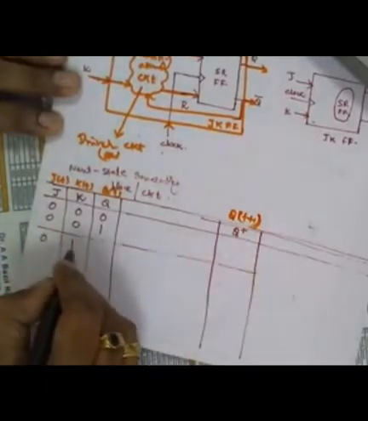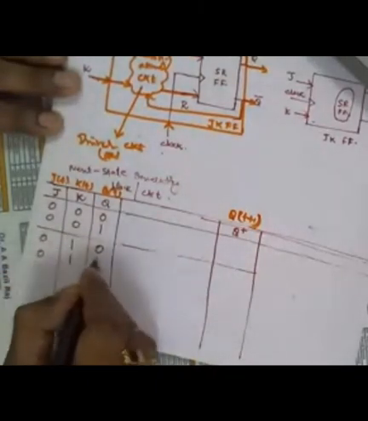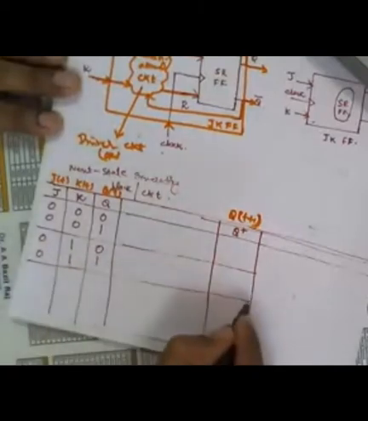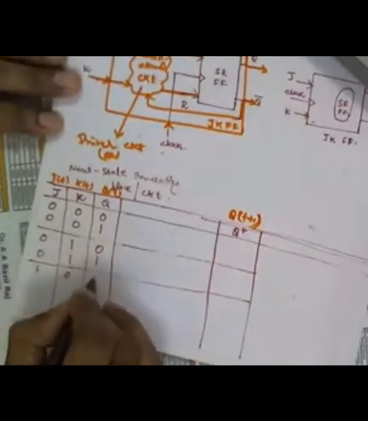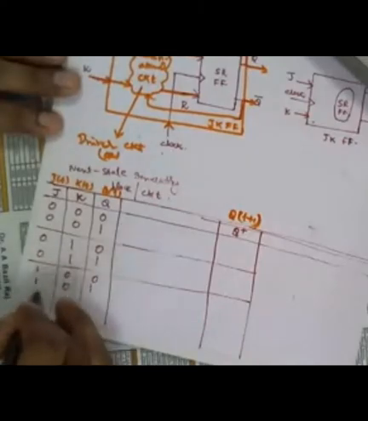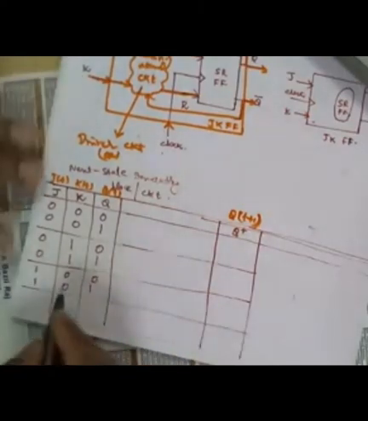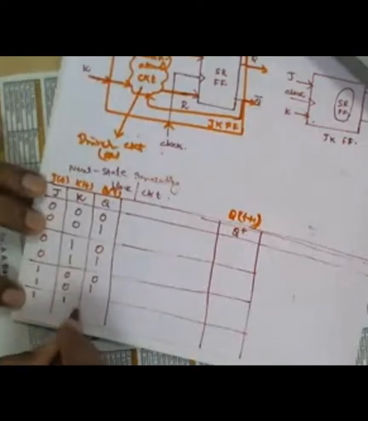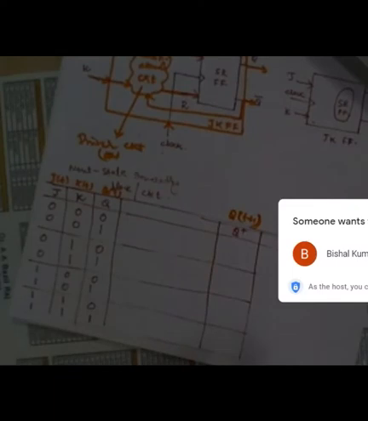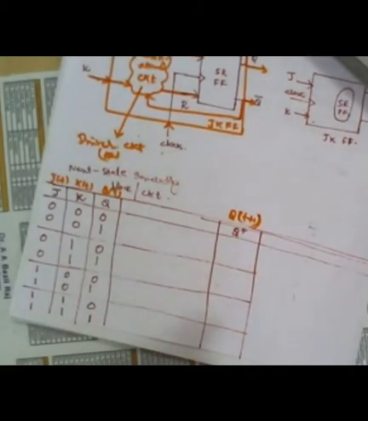Then 0 1 0, 0 1 1 is another case. 1 0 0, 1 0 1 is the third case. 1 1 0, 1 1 1 is another case, because this is applicable in the JK flip-flop, not in the SR flip-flop.